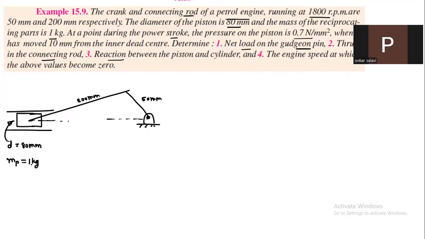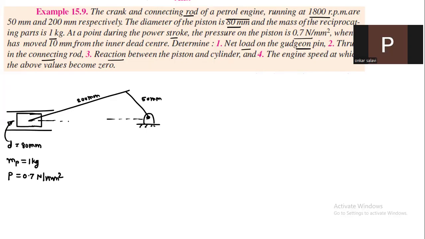Okay, and the pressure on the piston, so this P is equal to 0.7 Newton per mm square. So these values are given. From these values, we have to find out the net load on the gudgeon pin. Next, thrust in the connecting rod. Then reaction between the piston and cylinder, and the engine speed at which all the values become 0.